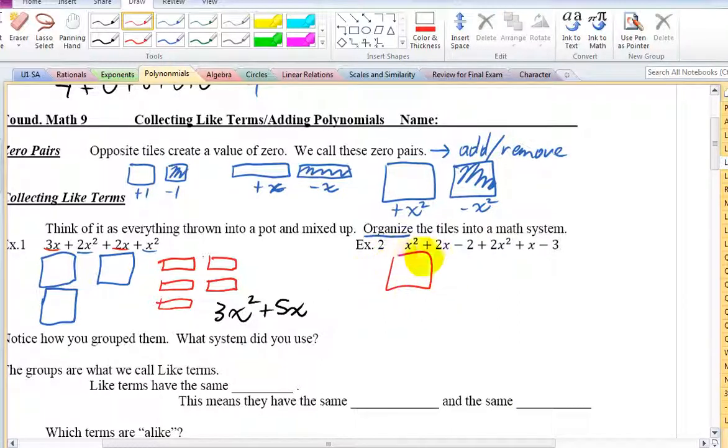Okay. So what I want you to do now is draw the next one. Okay, draw your big squares together, all your rectangles together, and all your small squares together. Group them up as you draw them.